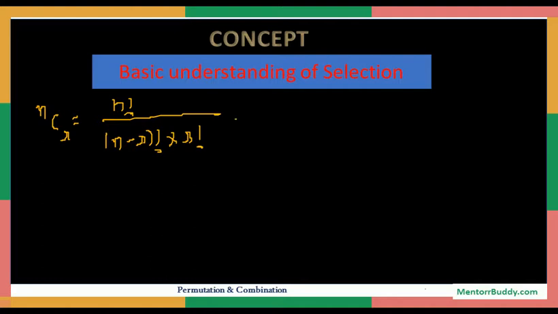So this is one simple formula of selection, where nCr stands for selection. In case I need to select r different bodies out of n different bodies, I'll apply nCr.